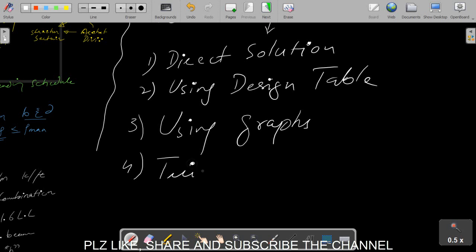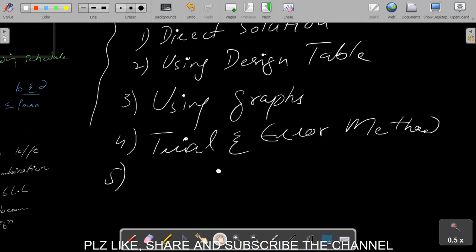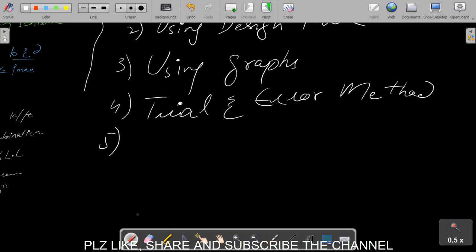We know this method. And the fifth method is the approximate method, which we will not discuss, but we have an approximate method.